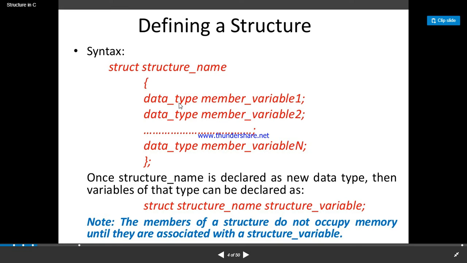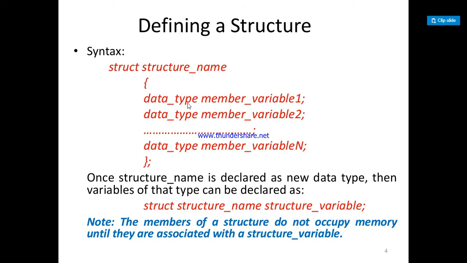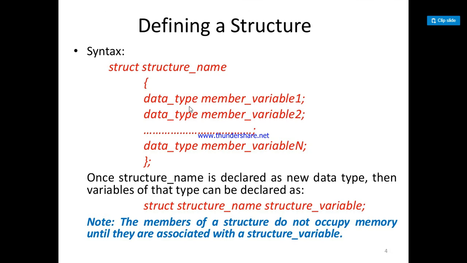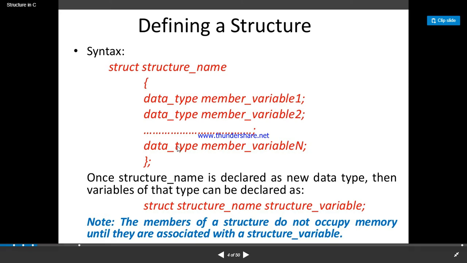The member variable declaration is the same as a variable declaration: data type, then member variable name, and then semicolon. We have to declare the member variables within the structure. At the end of the structure we have to use the close curly brace and then put the semicolon mark.